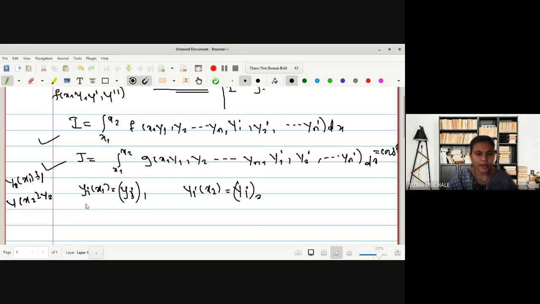But here instead of having simply y, we have more than one dependent variable, that is yi. So I can write y of x1, and similarly y1 of x1 is nothing but y1. Similarly, y2 of x2 is written as y2.